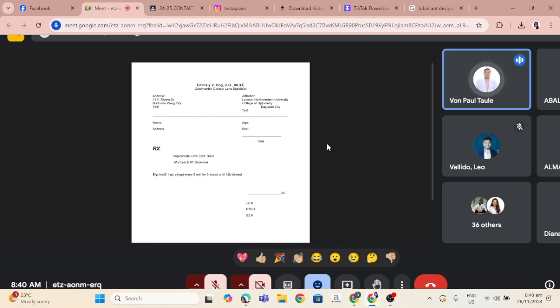After this one, of course, yung SIG, which is yung instruction on how to instill yung medication na ito. So, instill 1 drop every 5 minutes for 3 doses until fully dilated.